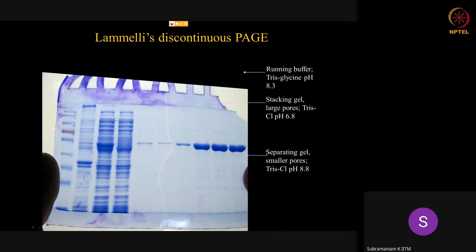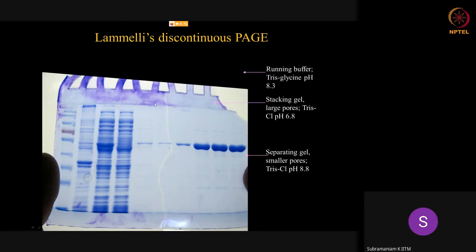It solidified and made a neat gel with a sharp, straight, flat line here. So don't worry about this. This one is not another separate gel. This is the migrating front. That's the electrophoretic front. The fastest molecule that was here when I applied has reached here when I stopped the gel. Here no molecule had come to.